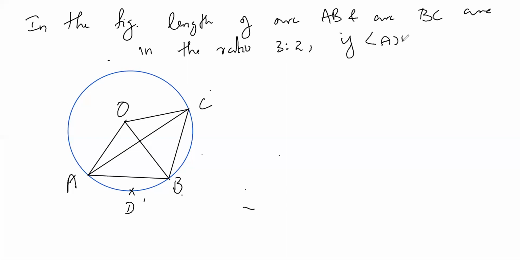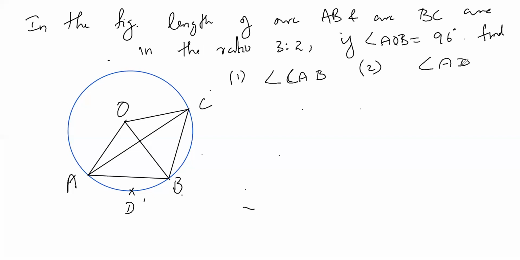If angle AOB is equal to 96 degrees, first question, find angle CAB. Second question, angle ADB.